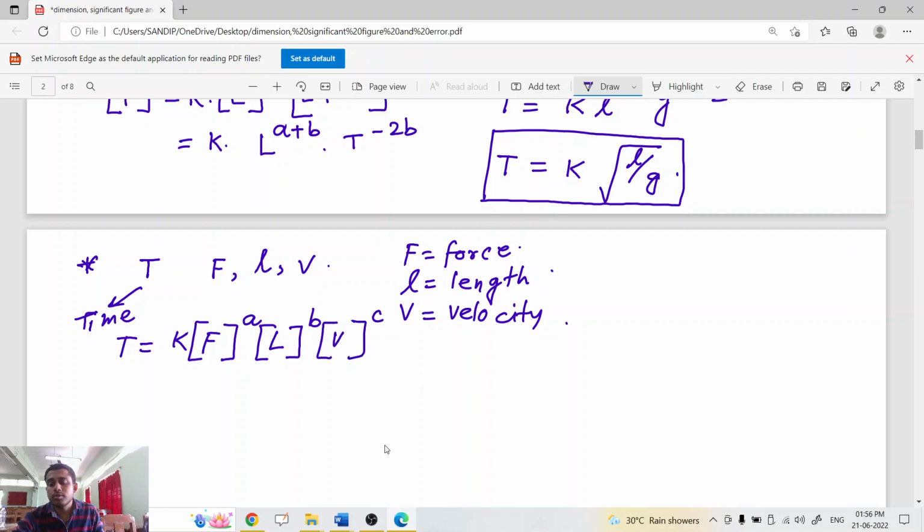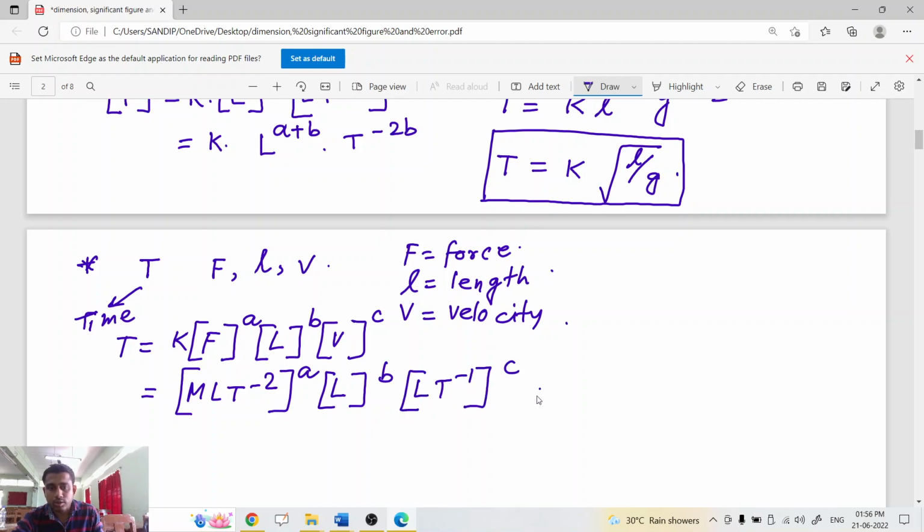So now we have to find out the dimensions. You use force as M L T to the power minus 2, to the power a, and l means L to the power b, and v means L T to the power minus 1, to the power c.